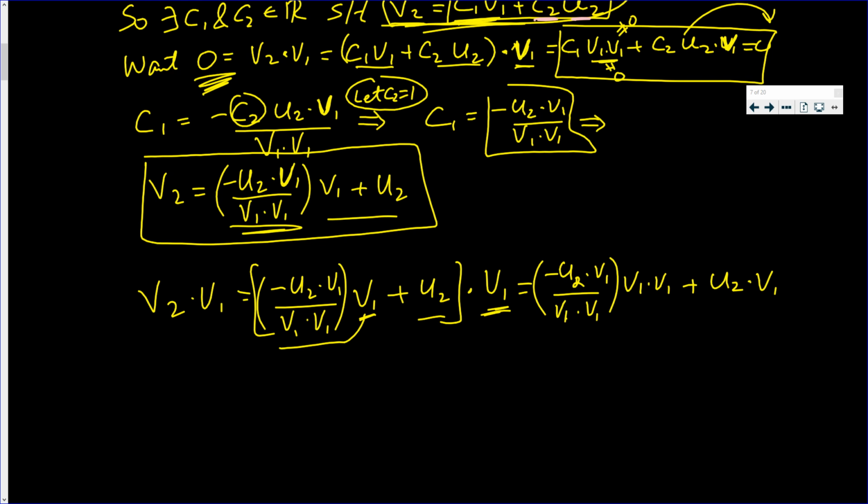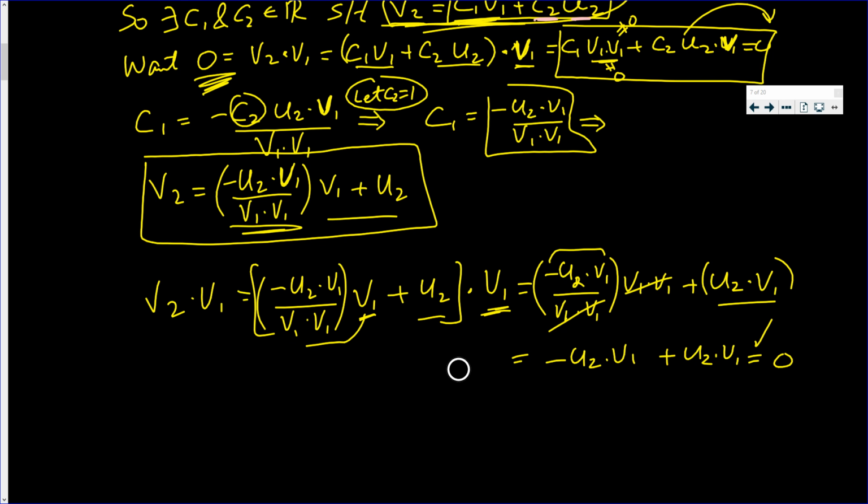Well, it turns out that cancels, and you're only left with the numerator for the first term, negative U2 dot V1, plus the second term, U2 dot V1. Yeah, that's 0. That really is 0.